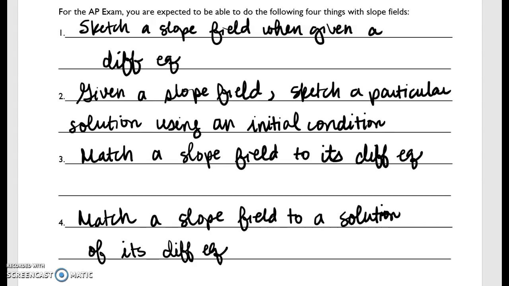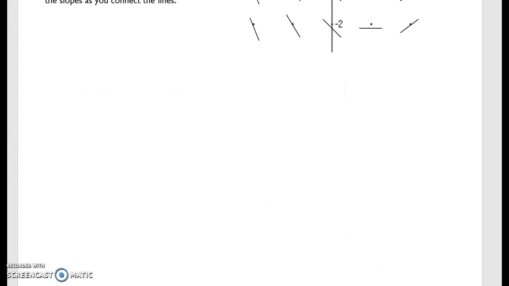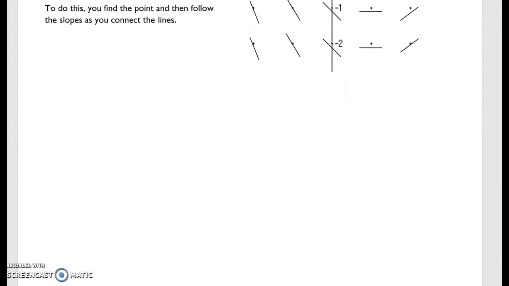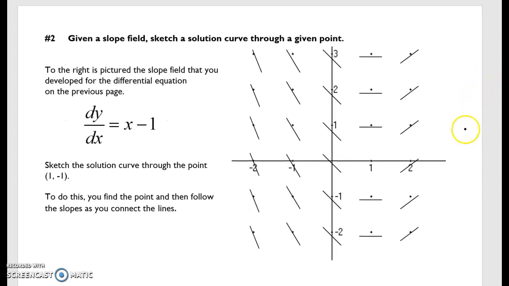So we're going to practice all 4 of those things. For our next examples, I'm actually going to skip to number 2 first. So if we're given a slope field, draw a particular solution, just so you can kind of see what it looks like. So this is an example of a slope field. And so what's happening here is all of these little lines at the points, those represent the slope of the graph at that point.